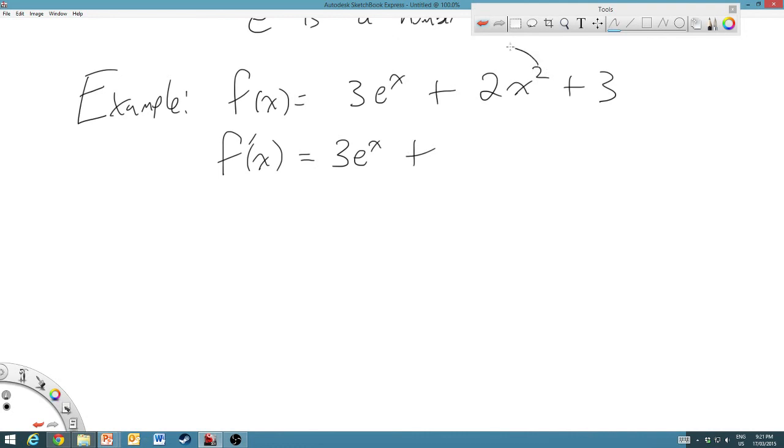This one, calculate the derivative as you normally would, so it'll be 4x, and this is a constant term, so its derivative is 0. So there you go. Okay, so calculating the derivative of e to the x is fairly easy. And that's because we define e to the x as a number that gives its own derivative in a way.